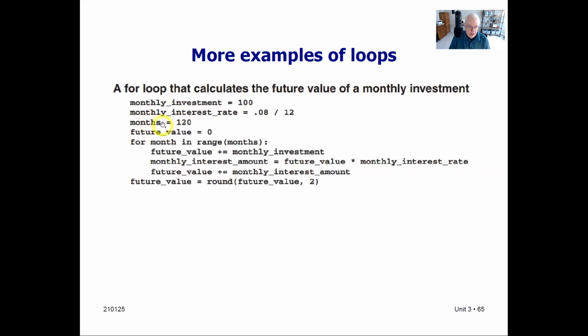We could calculate on years or months or days or whatever and do the math to get the right time. So here we're just going straight to 120 months, and we're setting future value to 0, run our for loop based on the number of months. And it will go through that loop and calculate the future value.